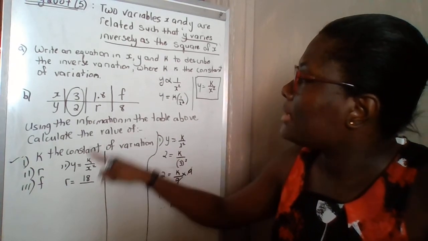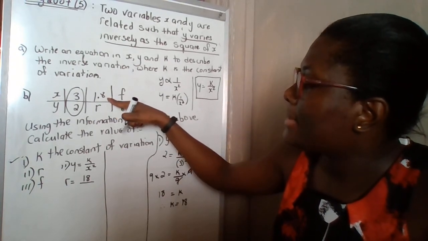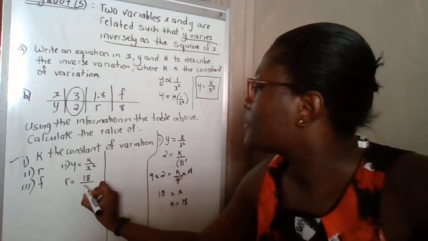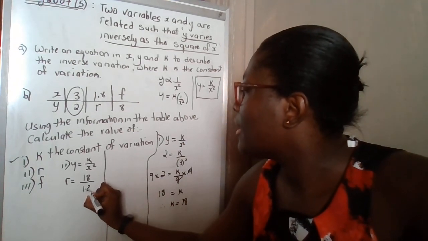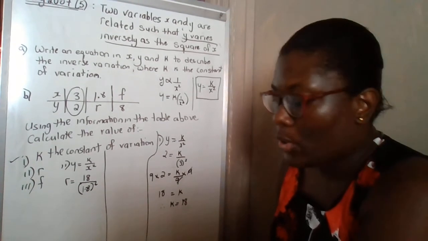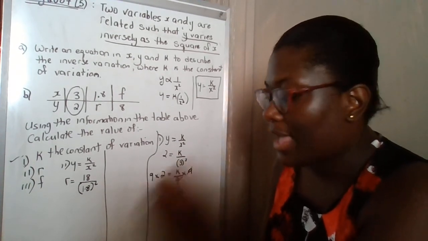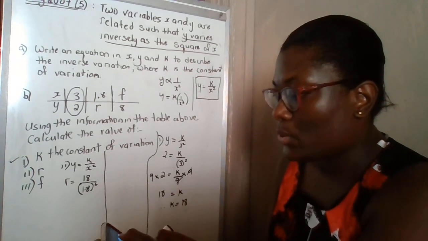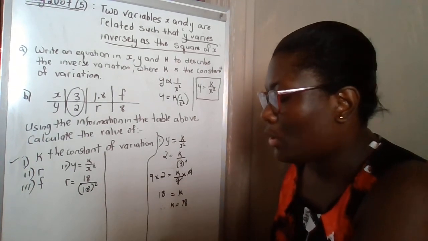And the corresponding value is actually 1.8. So I'm going to put 1.8 here for the value of x. Now here you're going to be required to use your calculators because you will be able to calculate the value of this.